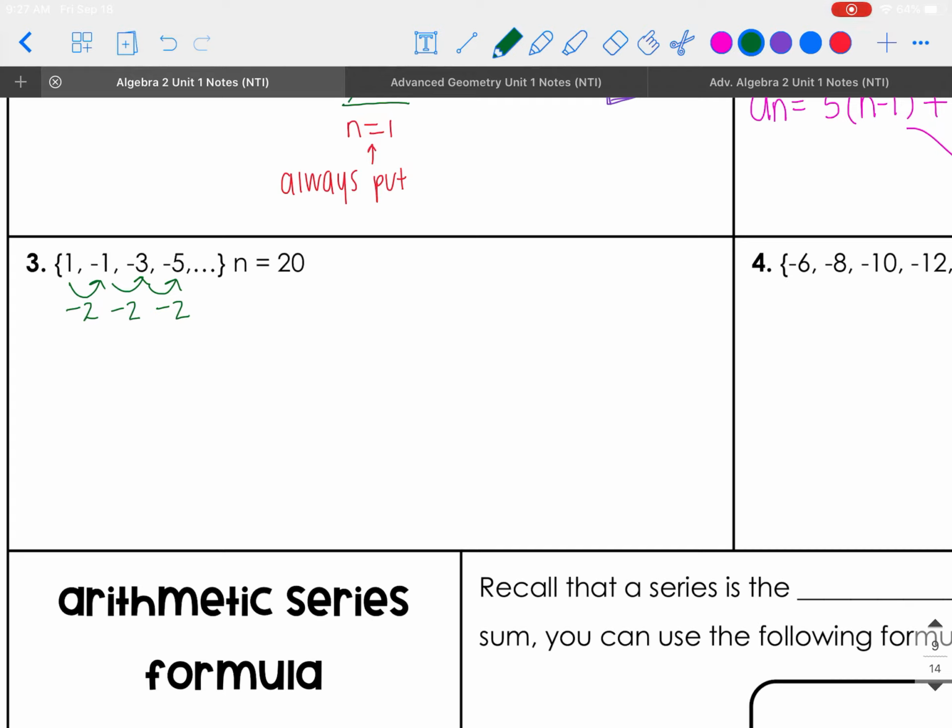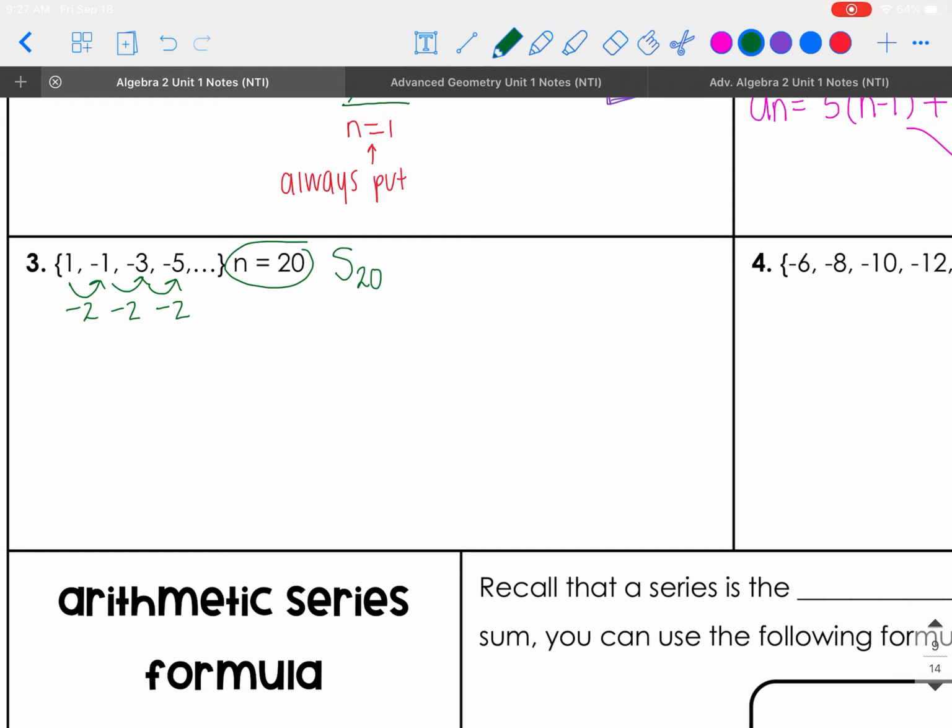We're decreasing by 2. 1 minus 2 is -1. -1 minus 2 is -3, and so on. And I'm asked to find the sum of the first 20 terms. We're evaluating the series for the first 20 terms.